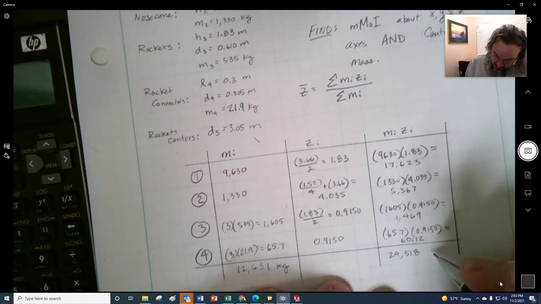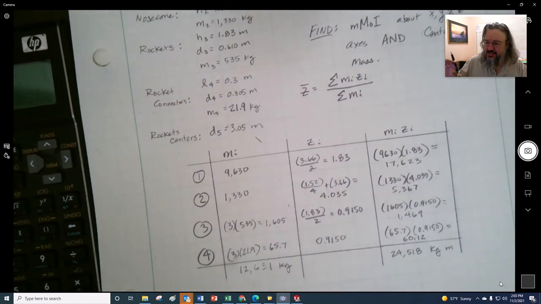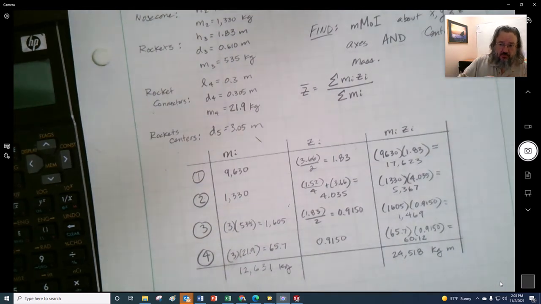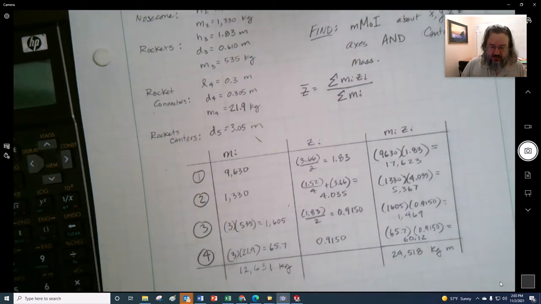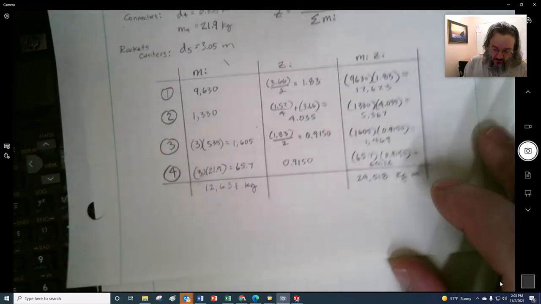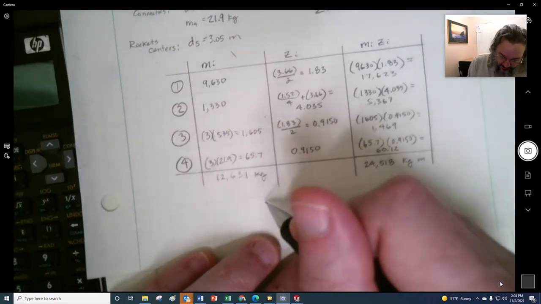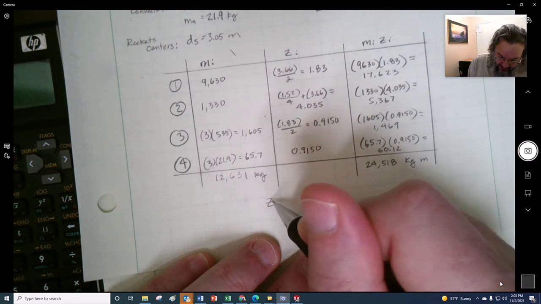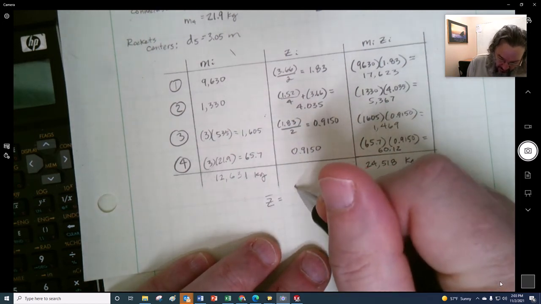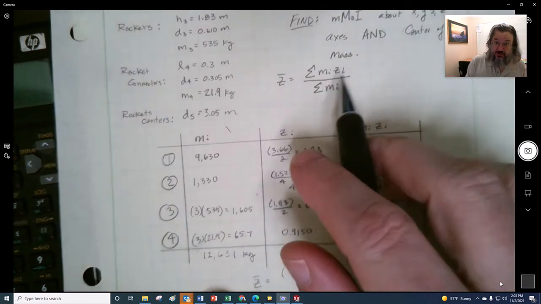Add them together, and I end up with 24,518. Now these are kilogram meters, right? You can almost think of them as a moment of mass. Instead of a force times a distance, it's mass times a distance. So it's like a mass moment. And so when we want to find what the z bar is going to be, it's just as we had this equation up above.